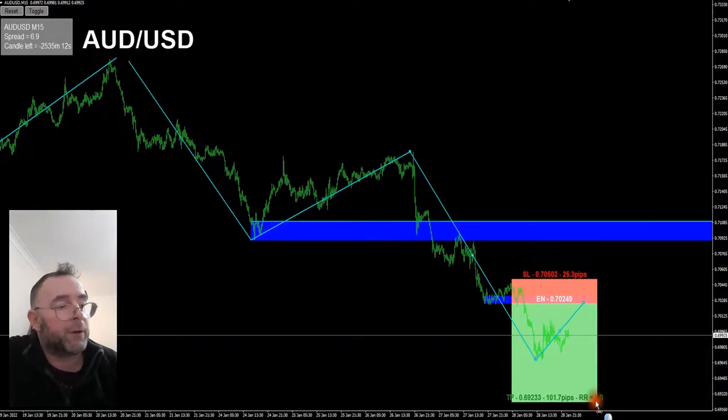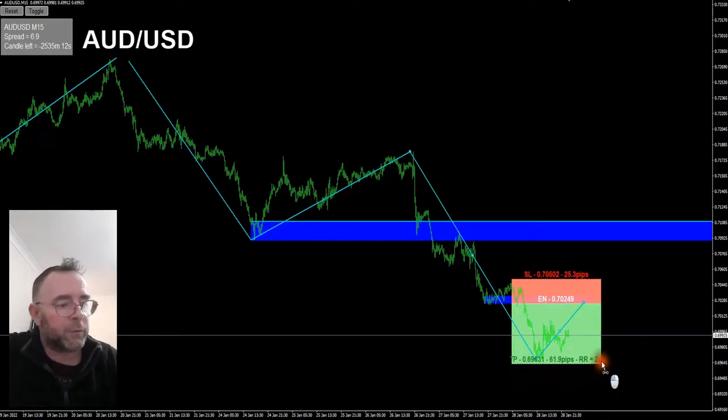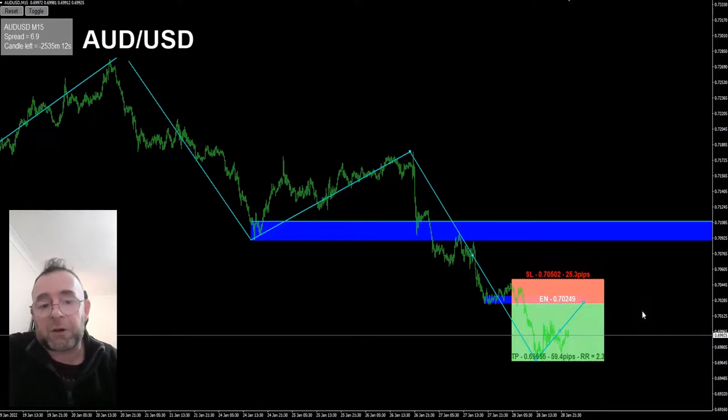We could by all means go lower and just let it run to even a 1-to-4 risk reward ratio. Once we've taken partial profits or set to break even, you can of course let it run as far as you like. But certainly to the previous low, we're looking at 55 to 60 pips in profit. So not too bad, and of course we're risking a very little amount of pips.